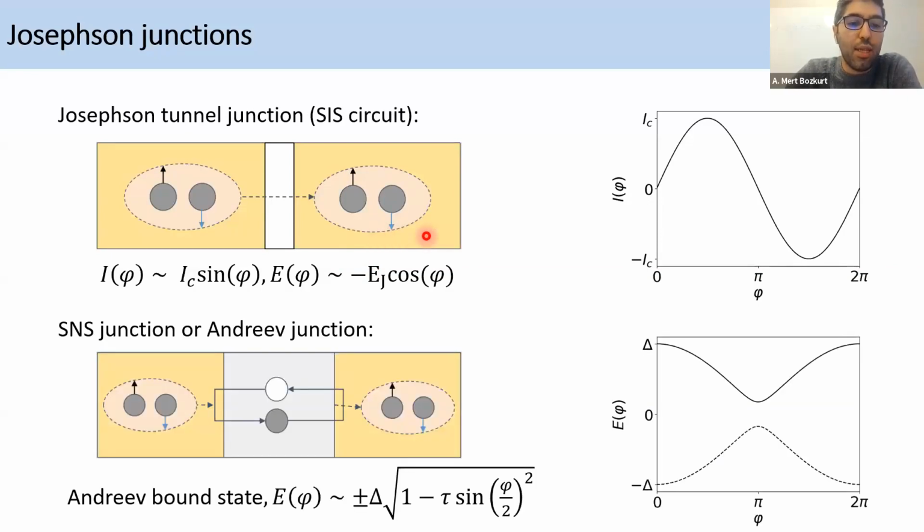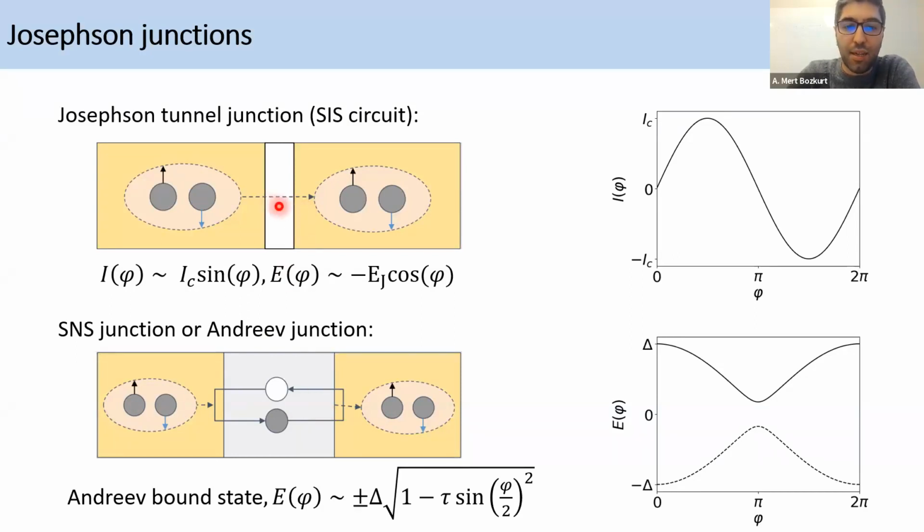This is the tunnel junction version, but we also have another Josephson junction, known as an SNS junction or an Andreev junction, in which again you have two pieces of superconductor, left and right, which can host Cooper pairs. But in between, instead of an insulator, we have a normal region, which can be either a metal or a semiconductor, basically anything that conducts. Unlike the tunnel junction, the Andreev junction can mediate transfer of Cooper pairs between left and right via a process known as Andreev scattering.